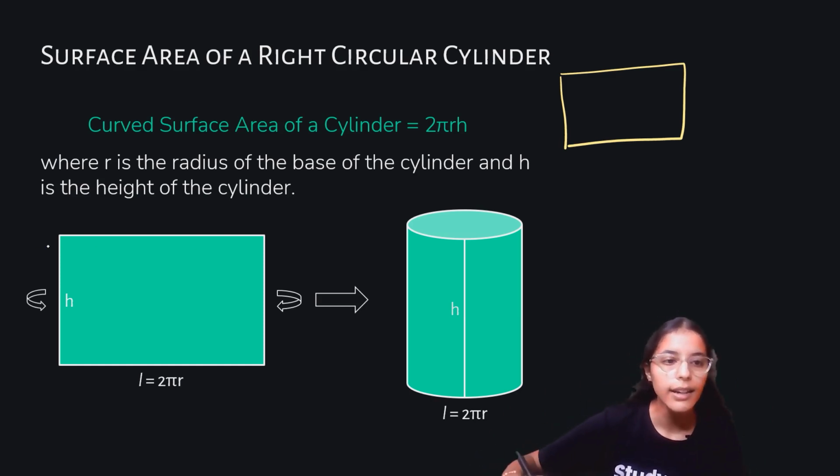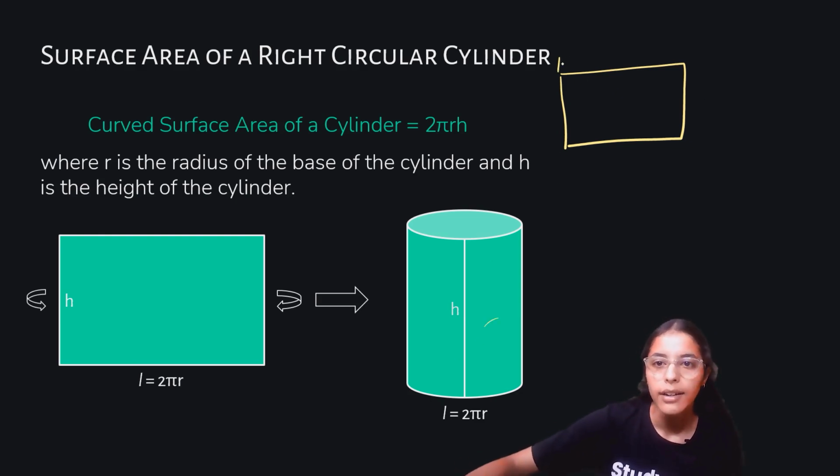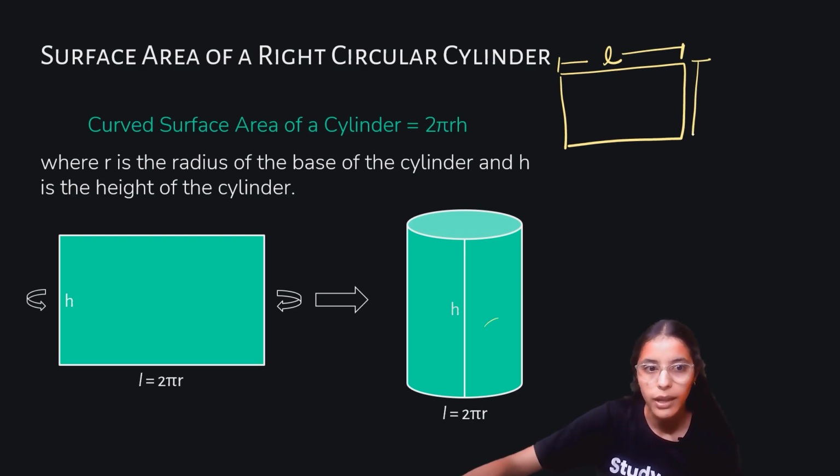So we can see that whenever we roll a rectangle, we get a cylinder. If we consider this to be our length and this to be our breadth, when we roll this up, the breadth will actually become the height of the cylinder.